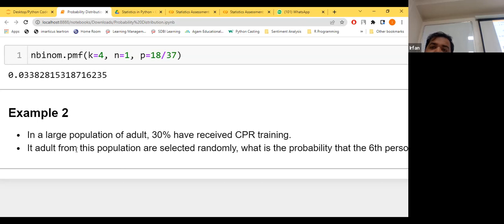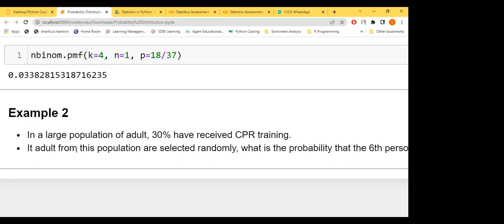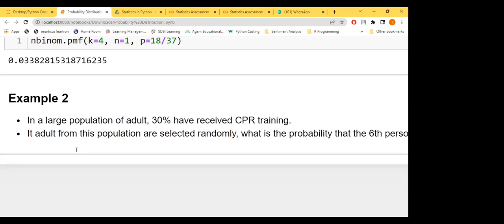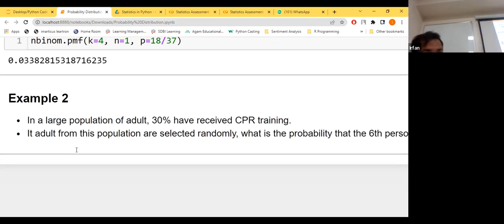What is the value of P, Ragini? Kiran? P is, here they give 30%. So we convert it into 0.3. Perfect, right?